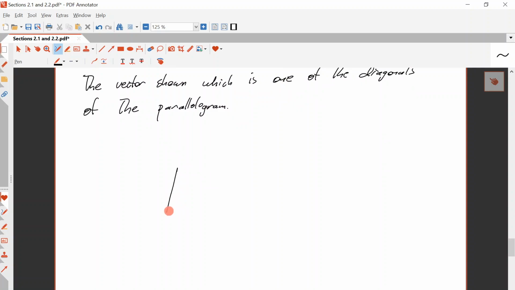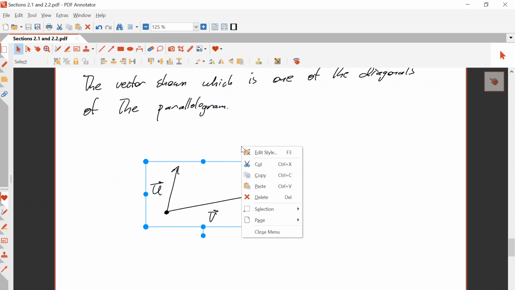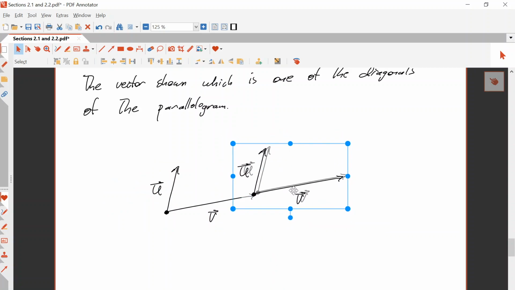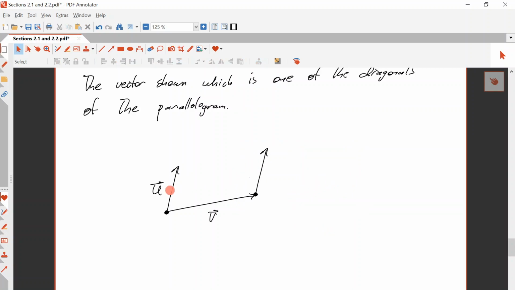So if I had, say, u like this and v like that, drawn tail to tail, of course, I have a copy of u over here at the head of v. So that's vector u.